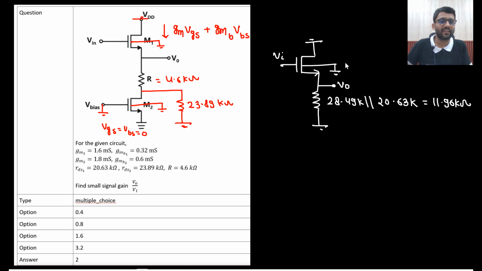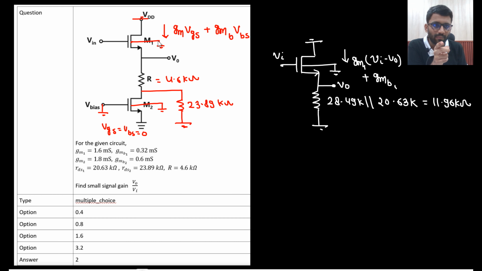Tell me how much current is coming from the upper side. One current is GM1 times V in minus V naught. Another current is GMB1 times VBS. VBS is 0 minus V naught, that is minus V naught, because the body is grounded and the source is at V naught.